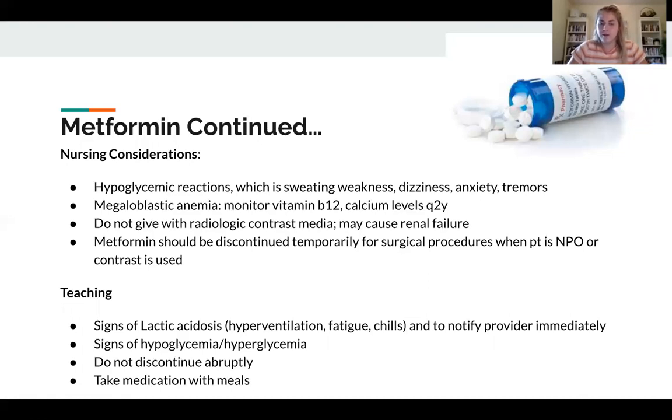Don't give with radiologic contrast dye media because it could cause renal failure. Metformin should be discontinued temporarily for surgical procedures or when the patient is NPO. The teaching should be signs of lactic acidosis, signs of hypoglycemia and hyperglycemia, do not discontinue abruptly, and take with meals.